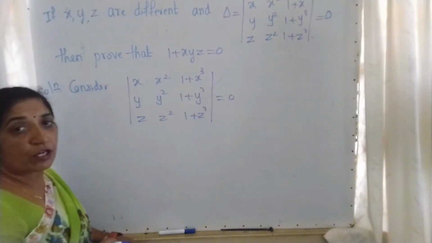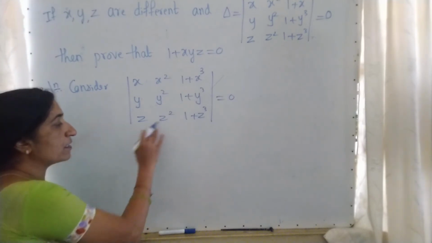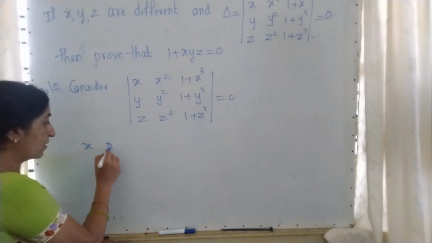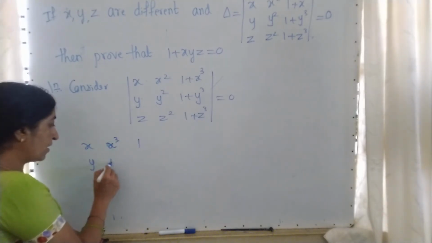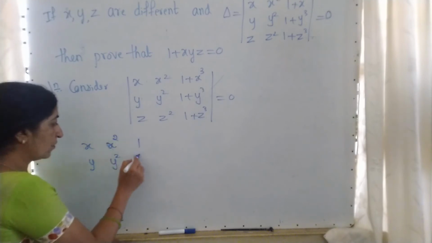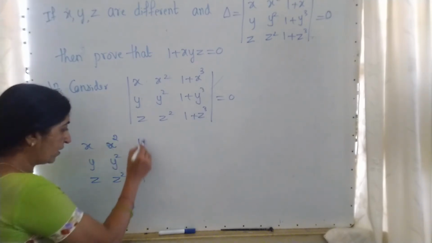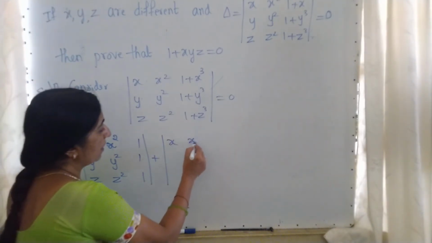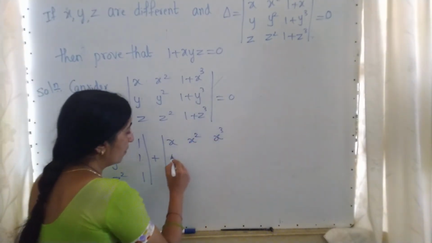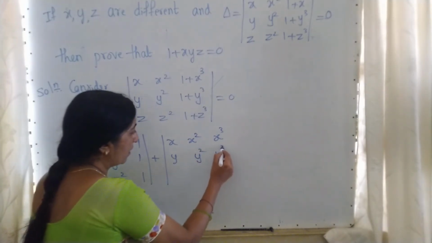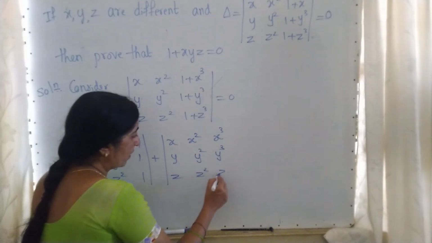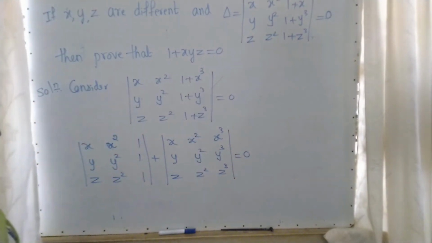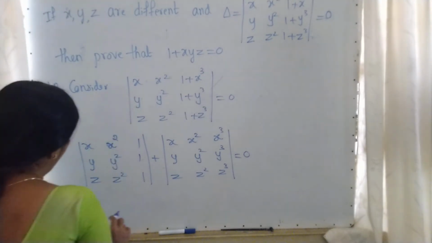See, the last column is a sum of two terms. That's why it is splitting as a sum of two determinants. The first is x, x square, 1, y, y square, 1, z, z square, 1, plus the next determinant x, x square, x cube, y, y square, y cube, z, z square, z cube is equal to 0. Understood? Now I kept the first determinant as it is.